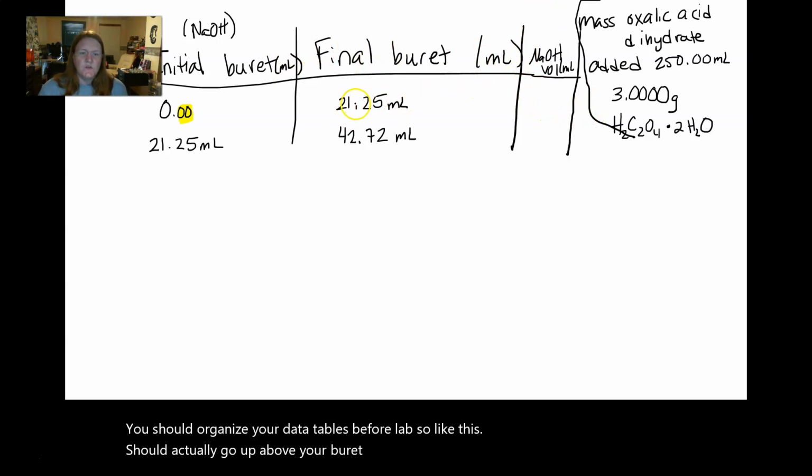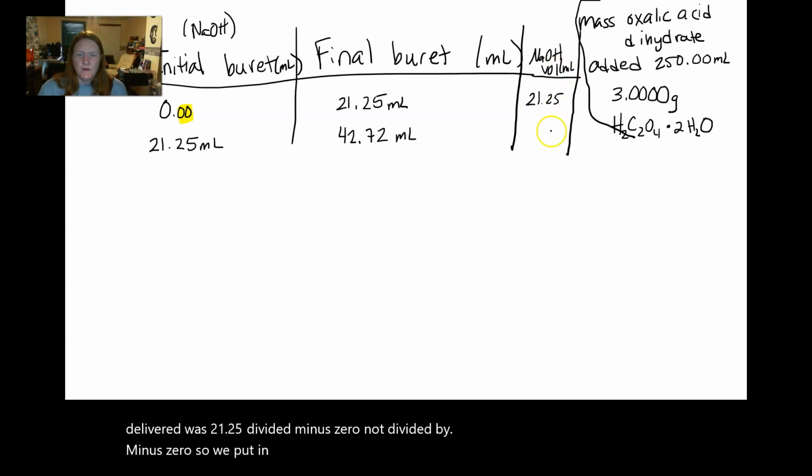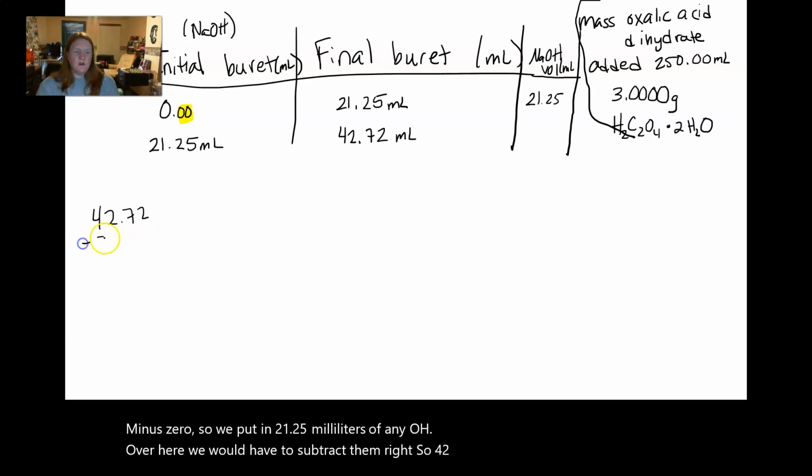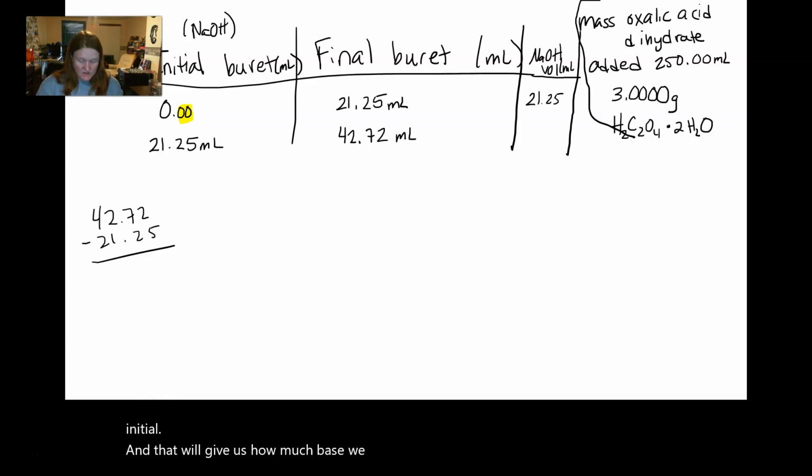But here, obviously, the volume that we delivered was 21.25 minus 0, not divided by, minus 0. So we put in 21.25 milliliters of NaOH. Over here, we would have to subtract them, right? So 42.72 minus 21.25. So that's final minus initial. And that will give us how much base we actually put in during that titration.